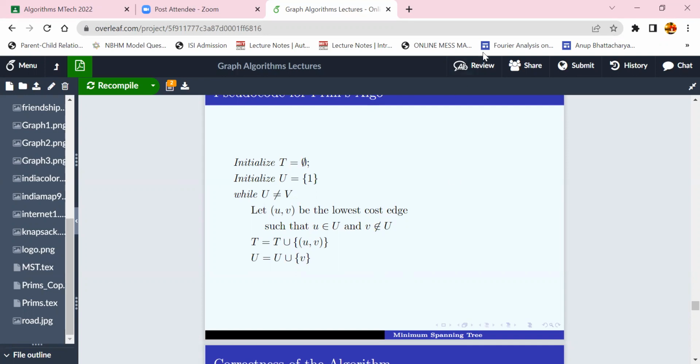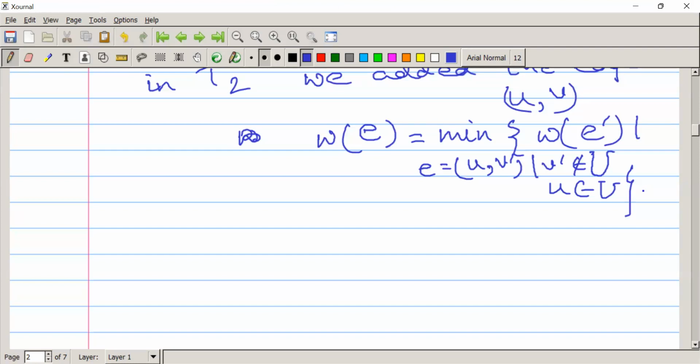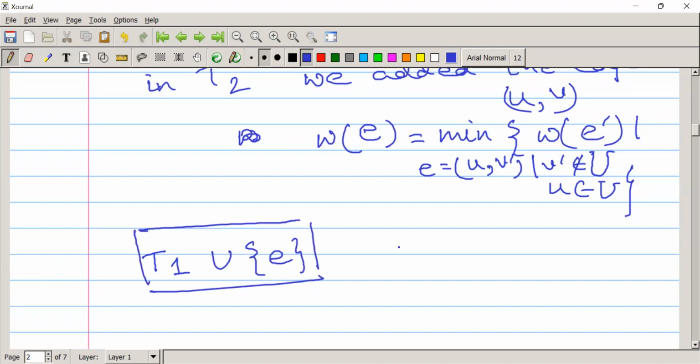So here this is right, okay? Yes, ma'am. So in T1, say if T1 union E we take, then this has a cycle, right?